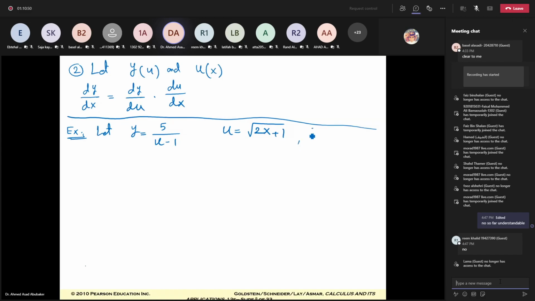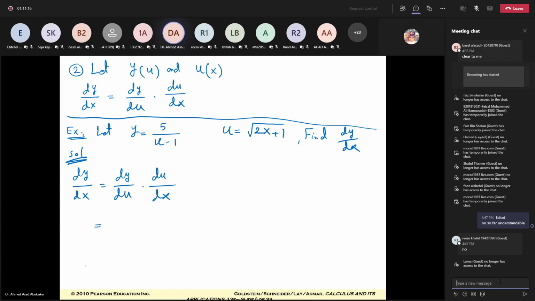And we need to find dy over dx. The solution: dy over dx equal dy over du multiply du over dx.